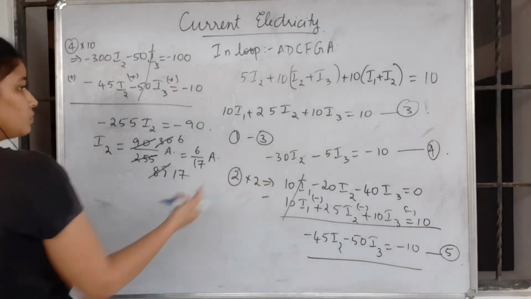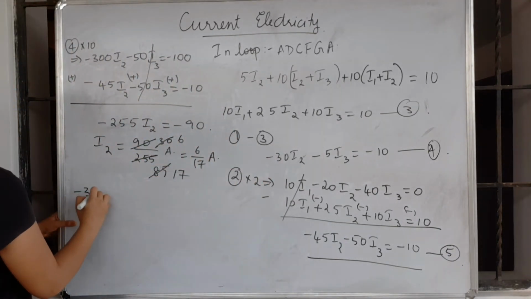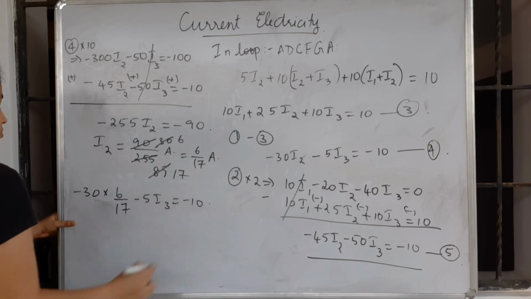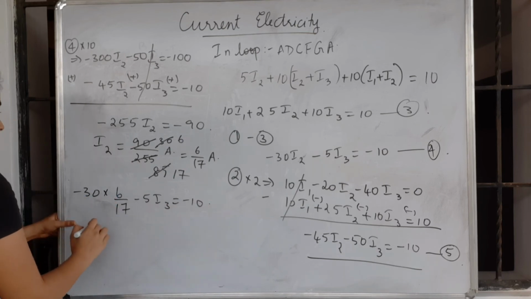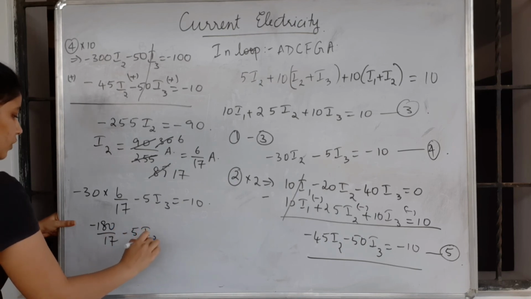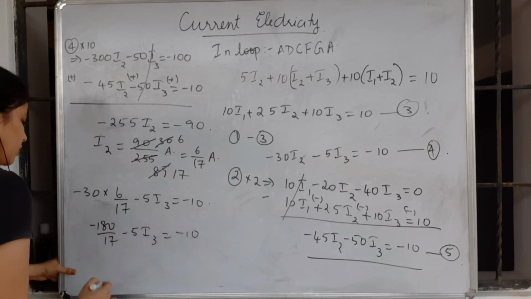This equation. Okay, so minus 30 into 6 by 17 minus 5I3 is equal to minus 10. So this will be minus 180 by 17 minus 5I3 is equal to minus 10.